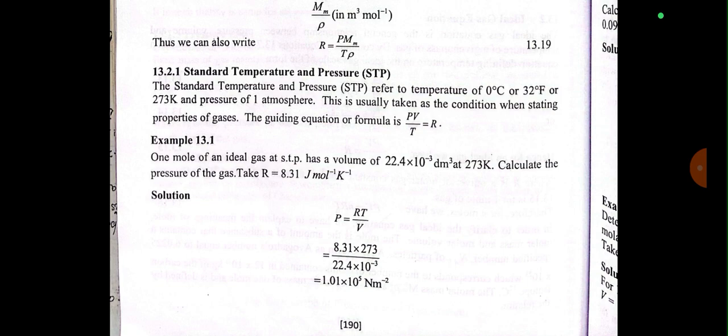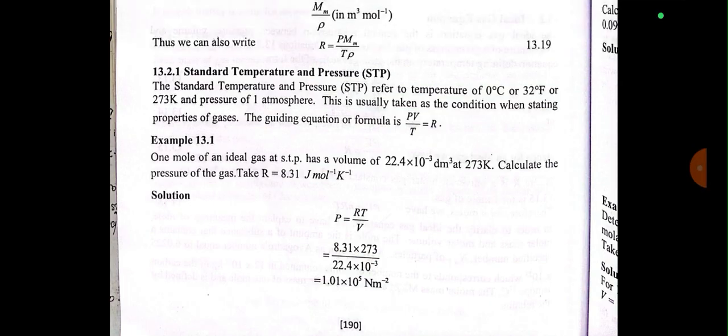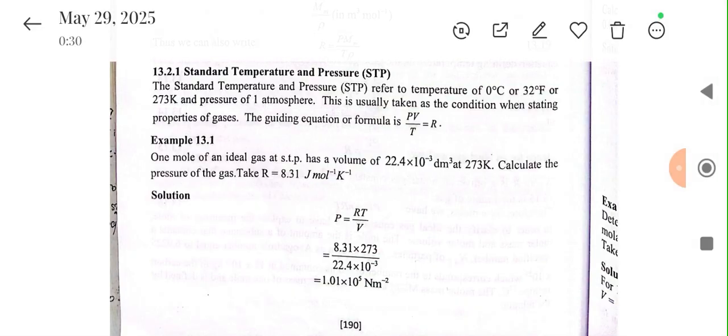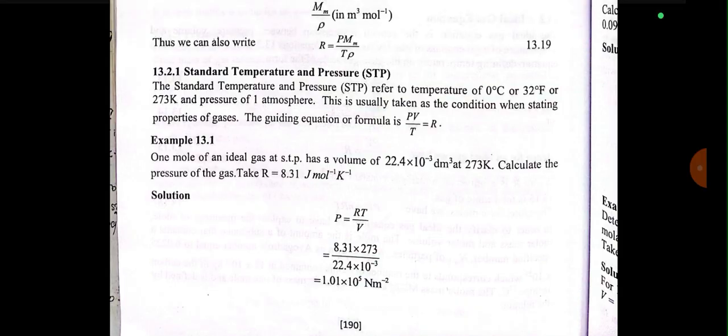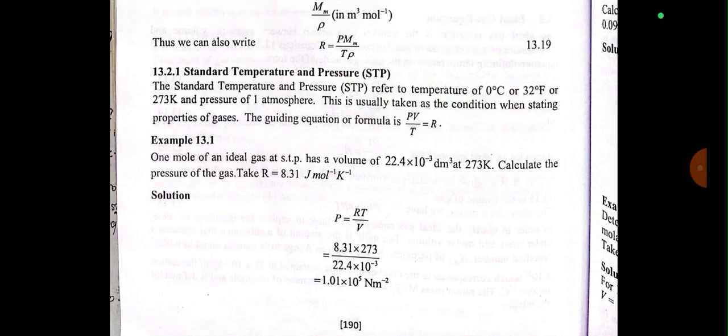let's talk about standard temperature and pressure. The standard temperature and pressure, which is noted by STP, refer to the temperature of 0 degrees Celsius or 32 degree Fahrenheit or 273 Kelvin, using the lower fixed point of water.